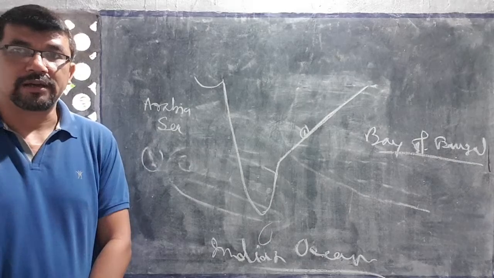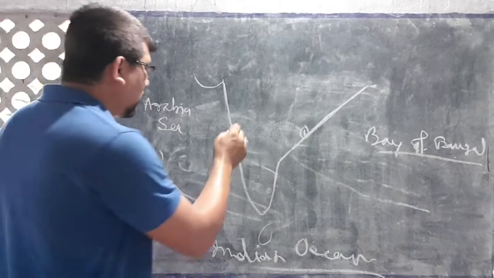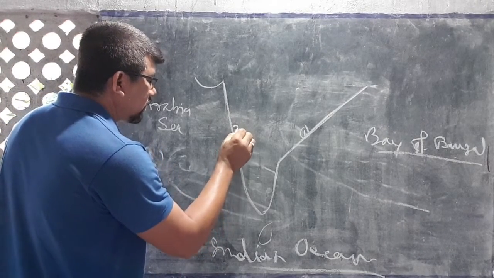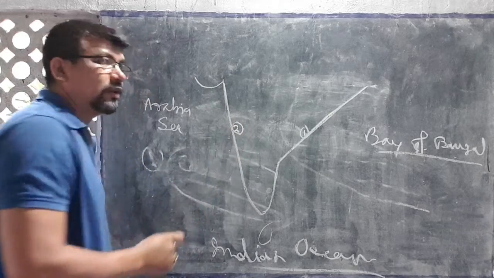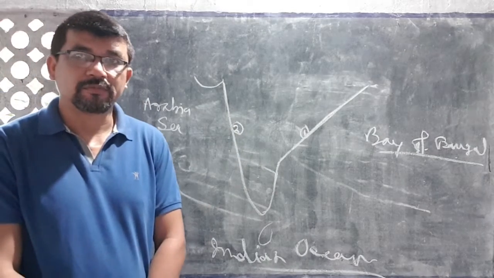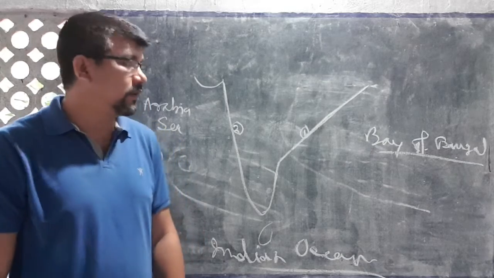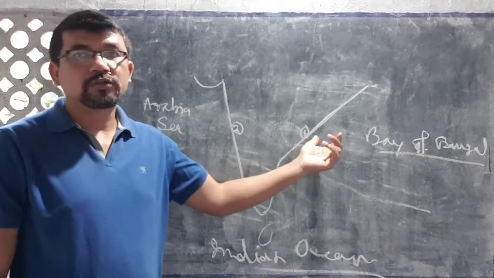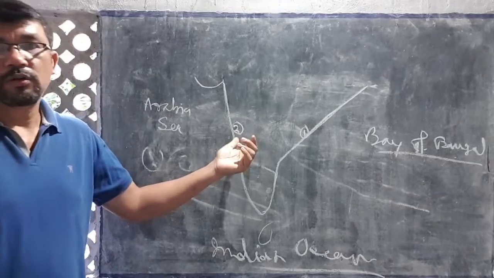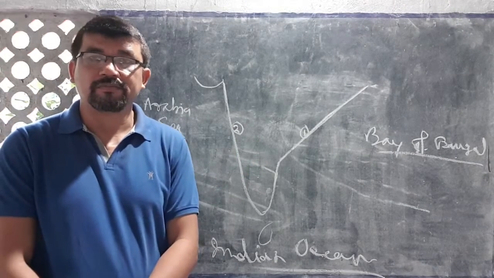The second one is known as the West Coast of India. So we have two coastal regions in our country. One is called the Eastern Coastal Region and the other is called the Western Coastal Region.